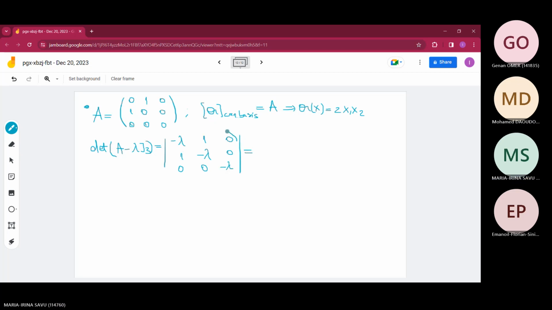Developing after line 3, you get minus lambda times this determinant, which is again lambda squared minus 1. So you'll have again three solutions.